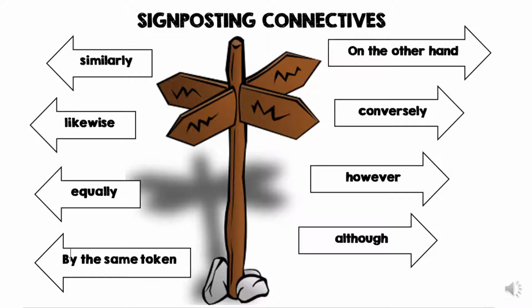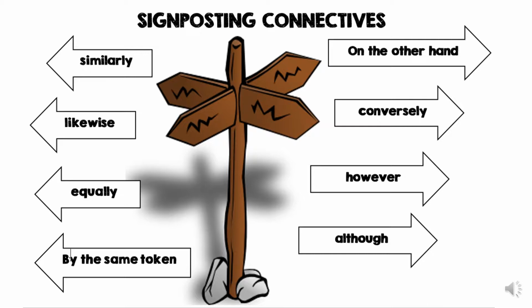Now with compare and contrast, the use of connectives and linking phrases is going to be really important. We've got a list here of particularly useful connectives. On the left-hand side, we've got connectives like similarly, likewise, equally, and by the same token, all phrases which point out comparisons and similarities between ideas.